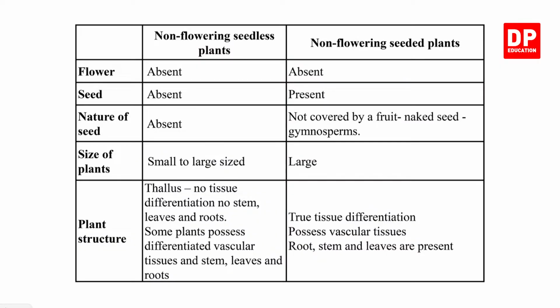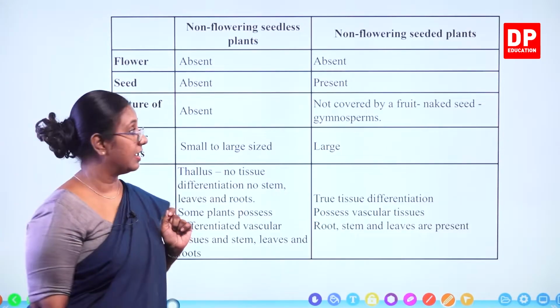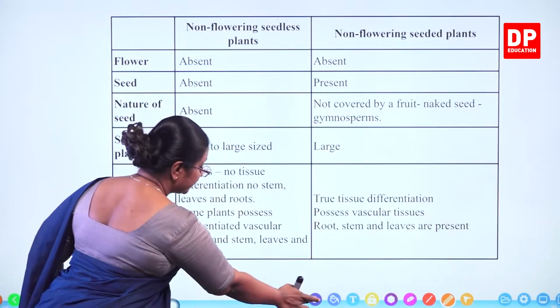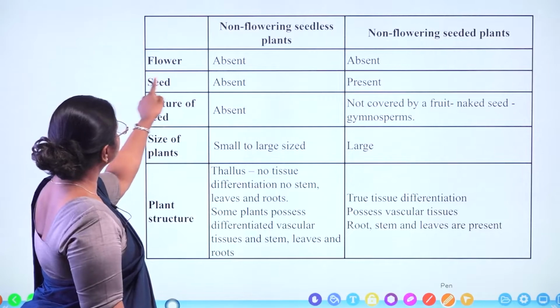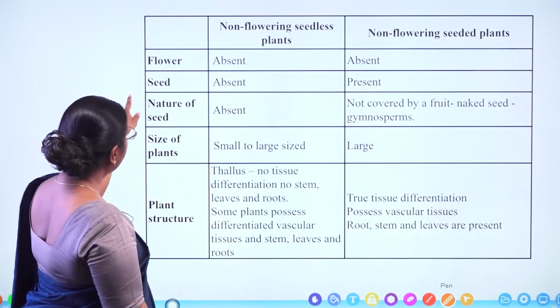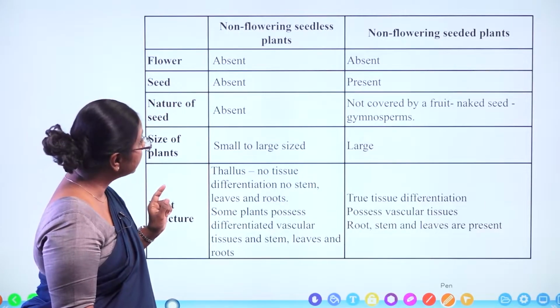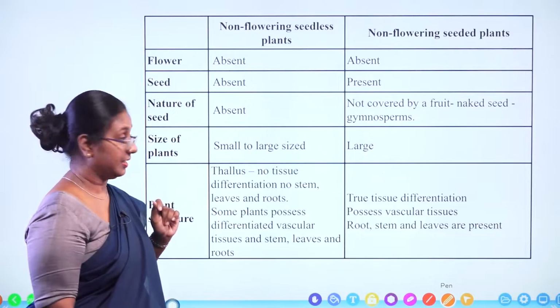So here we will compare the two types of plants, non-flowering seedless plants and non-flowering seeded plants. These are the properties that we discussed before also. So both of them do not have flowers. So flowers are absent in both plants. And seed is absent in seedless plants, whereas the non-flowering seeded plant has seeds.